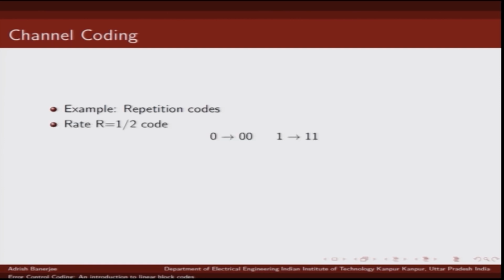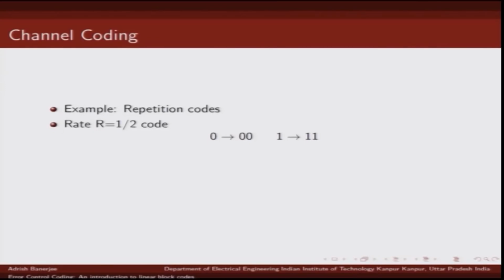The rate is defined as the ratio of the number of information bits to the number of coded bits. So, when I say rate 1/2 code, I mean there is one information bit, or one message bit, and there are two coded bits. In a binary repetition code, we repeat whatever the information bit is.